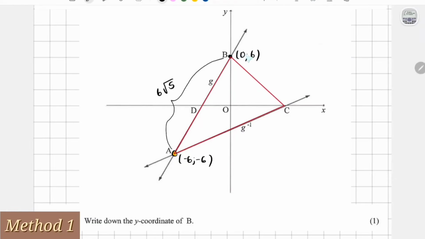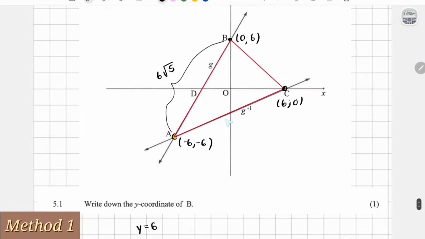This coordinate of (0, 6), right, on the original graph. On the inverse, this coordinate is going to be (6, 0). Okay, so that is an x-intercept. That is going to be what C is. C is the x-intercept. So then that one is going to be (6, 0) because the X and Y values just swap. Then you could have gone and just found the length of AC.